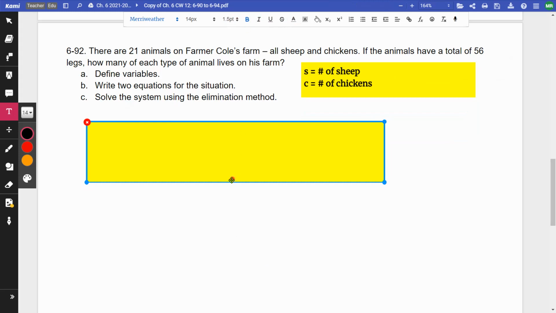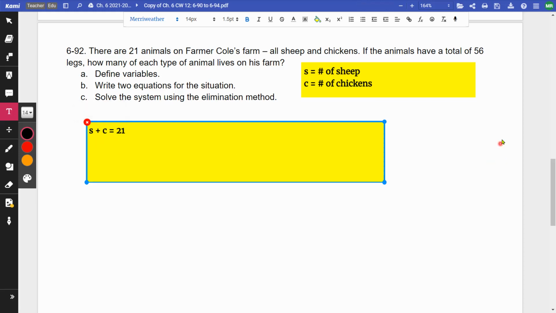Now, if I am going to write an equation, I need one equation saying that there are 21 animals. So S plus C equals 21, because S is the number of sheep, C is the number of chickens. There's 21 animals total.